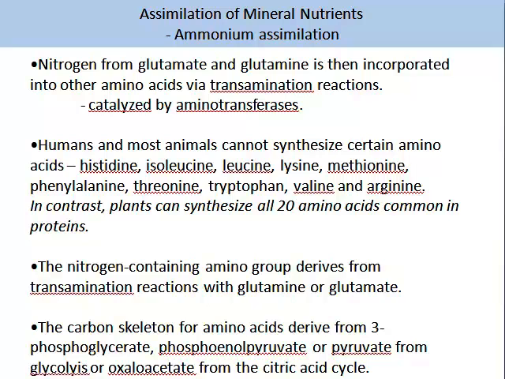The nitrogen-containing amino group derives from transamination reactions with glutamine or glutamate. The carbon skeleton of amino acids is derived from 3-phosphoglycerate and phosphoenolpyruvate or pyruvate from glycolysis, or oxaloacetate from the citric acid cycle.